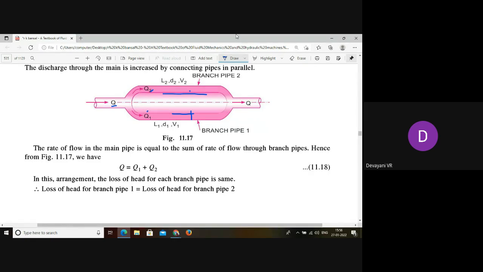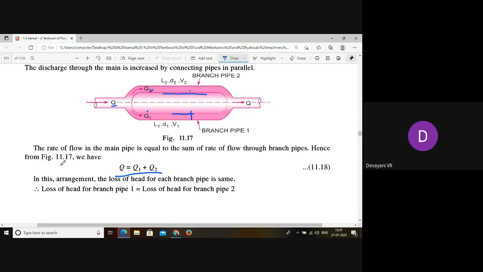But if the pipes are connected in parallel, then the total discharge will be Q equals Q1 plus Q2. That is the main difference. Series ga connect cheste discharge in individual pipe will be same, Q equals Q1 equals Q2 equals Q3, whereas while connecting pipes in parallel, the discharge will be Q equals Q1 plus Q2.